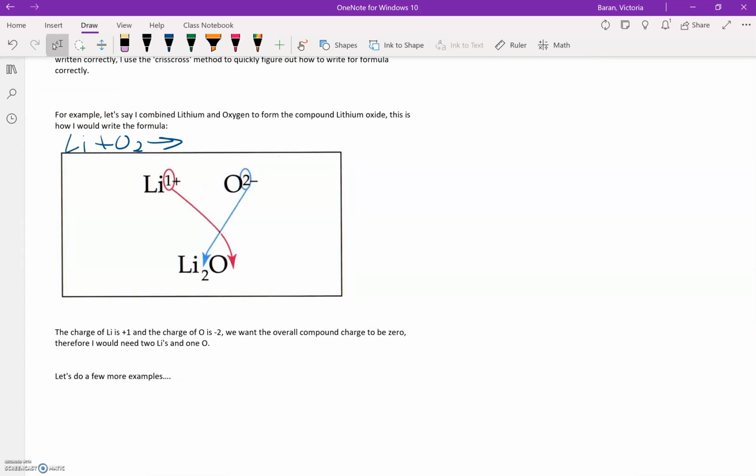So since lithium is +1 and oxygen is -2, what I do is a crisscross method, okay? This is how I'll usually represent it or draw it during class. You'll notice that the number for the charge, this +1, becomes the subscript for the other element. So this 1 here is going to become the subscript for the oxygen.